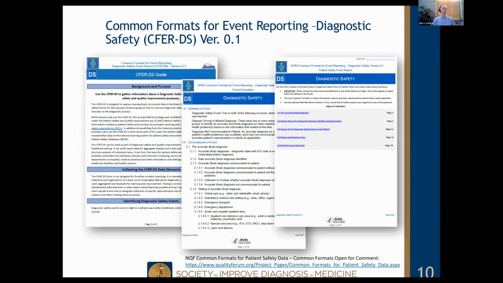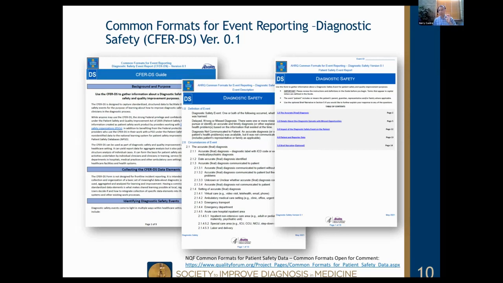So the common formats for event reporting for diagnostic safety are composed of 3 different documents. So there's the guide, the event description, and then the form. If you're going to review the common formats, definitely start with the guide, because what it does is it provides concepts and definitions and the framework for going through the common format itself, or what they're proposing.